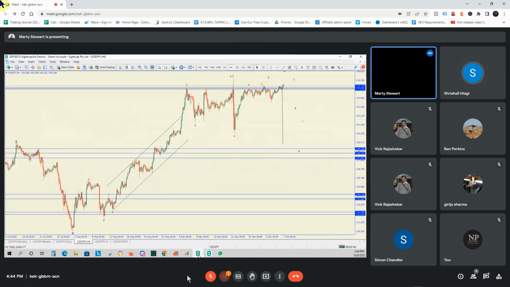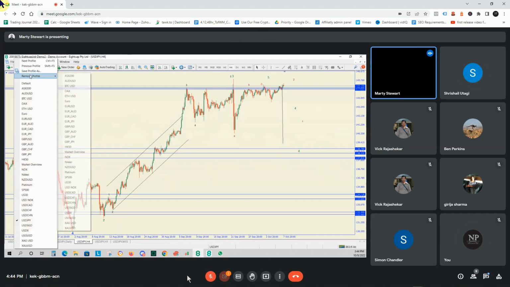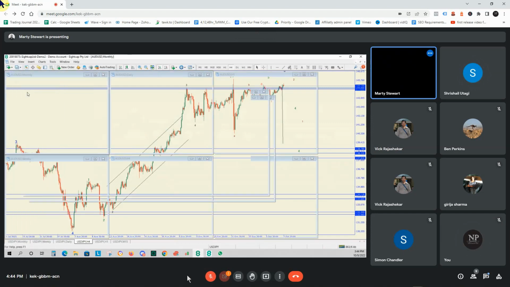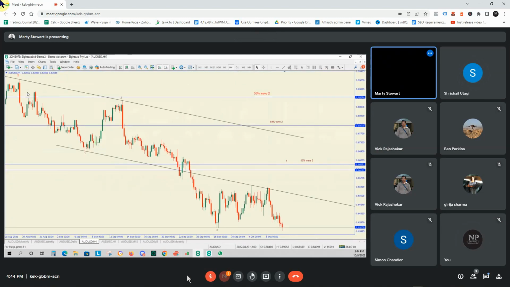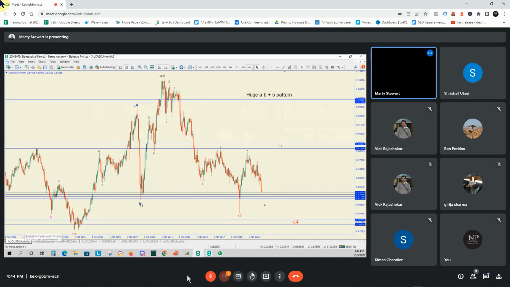What can we do? We can do a bit of market analysis, I suppose. I'm probably being a bit lazy here. For the Australian dollar, what do I have here? Okay, so we've got our 1, our 2 in red.